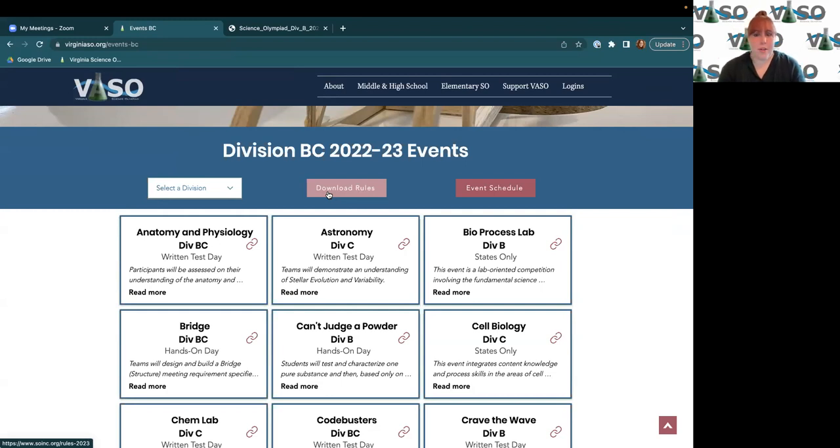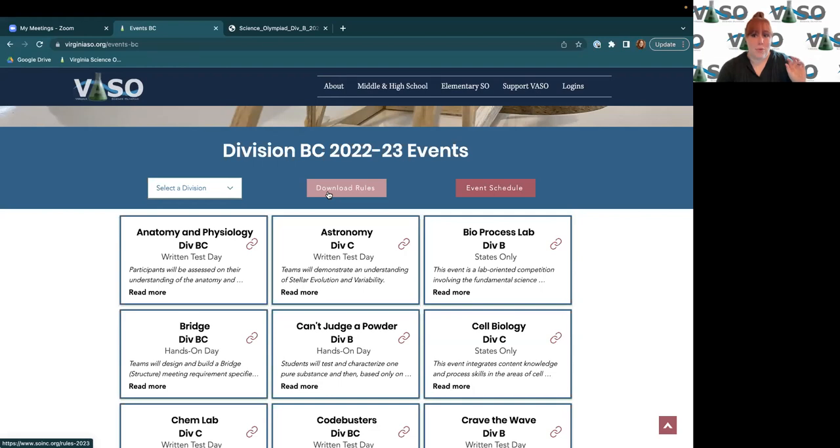Also, though, it's important that you make this information easily accessible to your students, whether they know to go to our website to find this link, or it's posted on your team site. But your students shouldn't have to hunt for the rules on their own. They're free to download. There's just a quick little form you have to fill out.